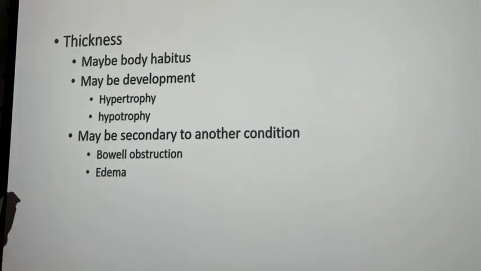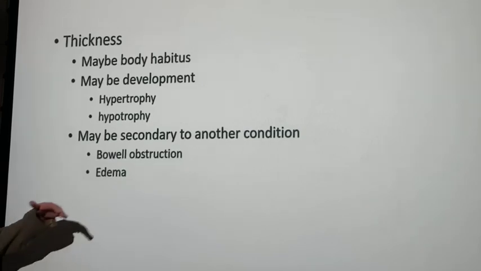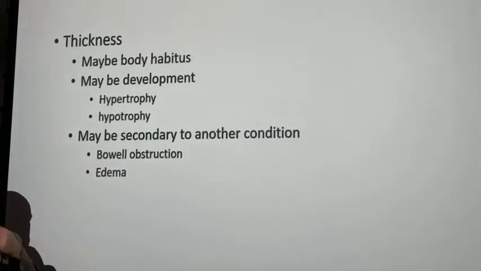Okay? So they undergo hypotrophy. Not only do the muscles deteriorate, but the bones do too. So you have what we call disuse hypotrophy, or disuse osteoporosis, basically. So maybe thickness may be secondary to another condition like bowel obstruction or edema, and there's significant difference between those.